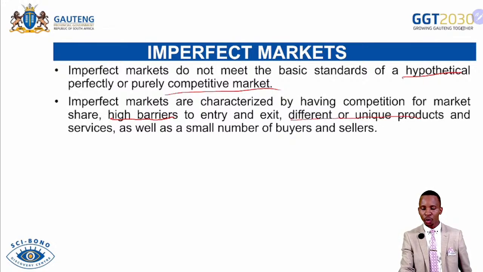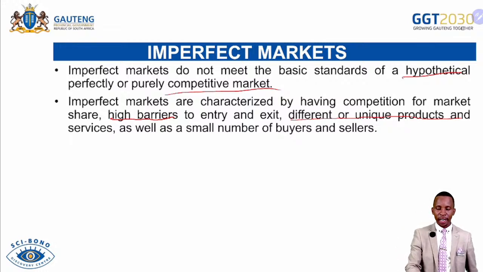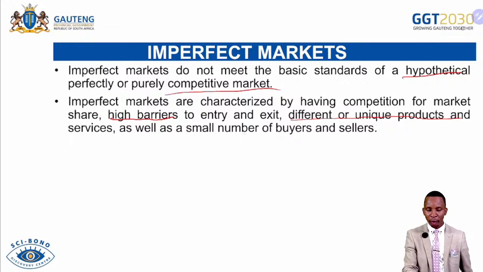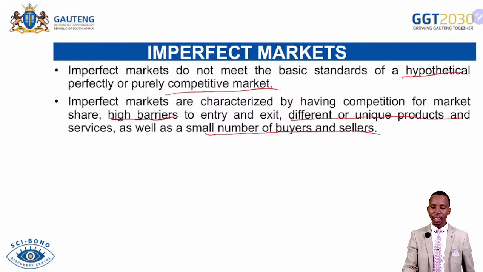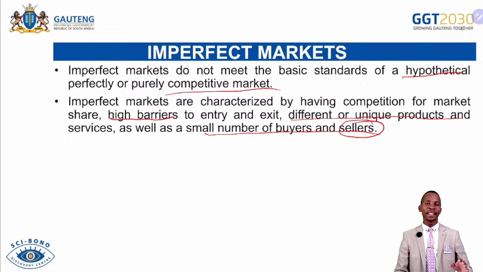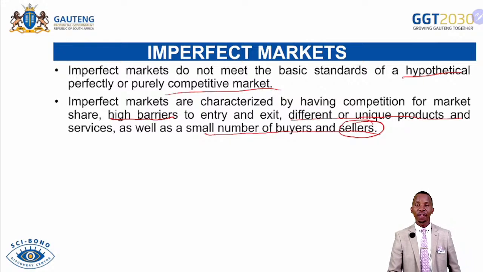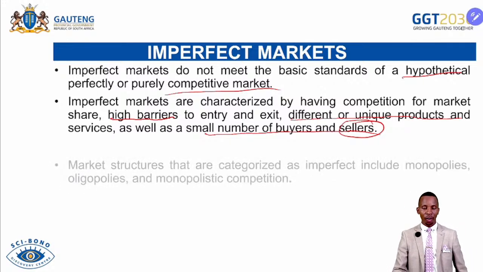At times, you come across homogeneous products, especially in oligopolies. And then there is a small number of sellers. Basically buyers and sellers, but we focus on sellers. Sellers are fewer in the market because of some barriers that exist, especially in monopoly and oligopoly. Monopolistic competition is open, but that will be discussed on its own.